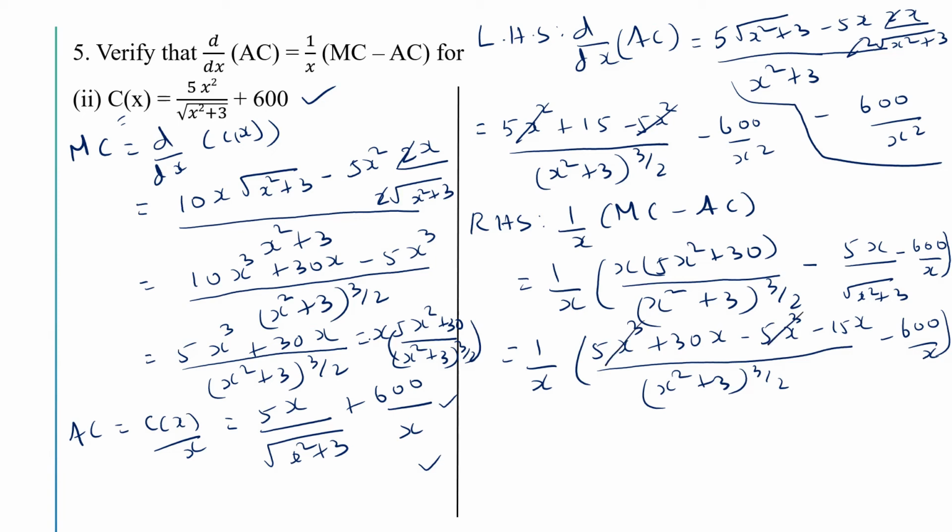When we simplify, we get 1 by x into 15x by x square plus 3 the whole raised to 3 by 2 minus 600 by x square. So this is equal to 15 divided by x square plus 3 the whole raised to 3 by 2 minus 600 by x square. This is equal to the left hand side. So these two are equal. Therefore, d by dx of average cost is equal to 1 by x into marginal cost minus average cost.